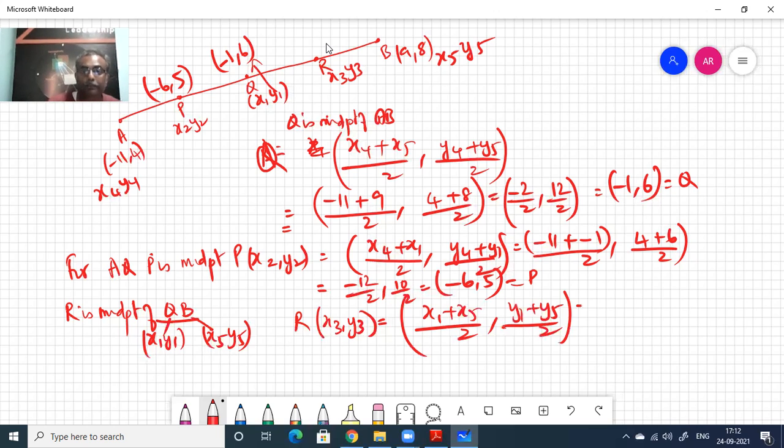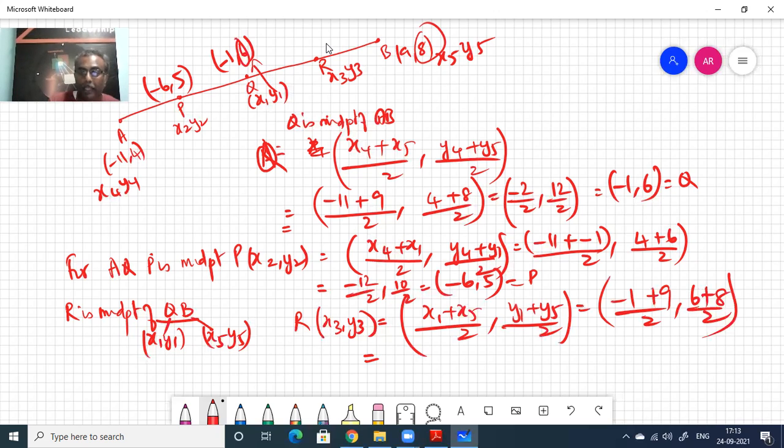That is equal to x1 is minus 1 plus x5 is 9, by 2, comma y1 is 6 plus y5 is 8, by 2.